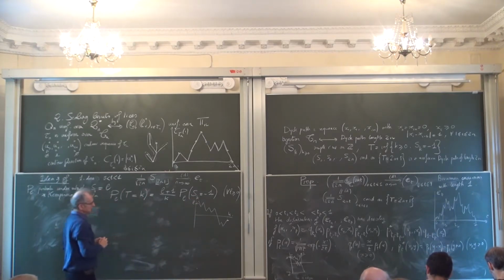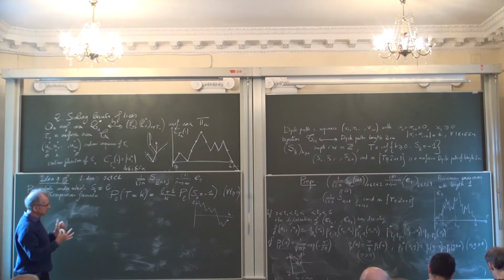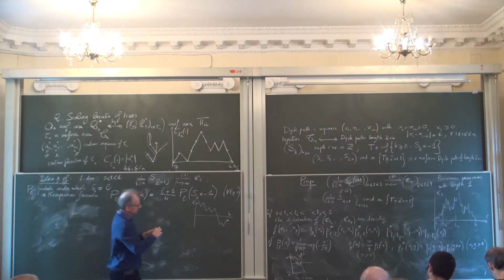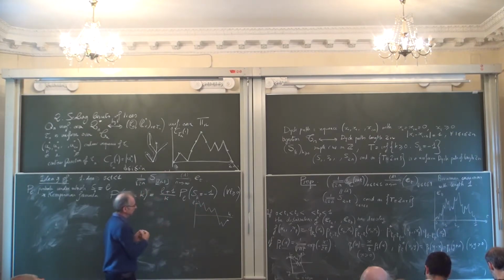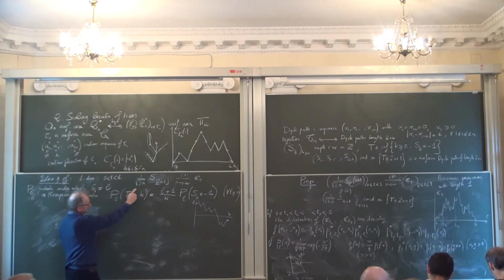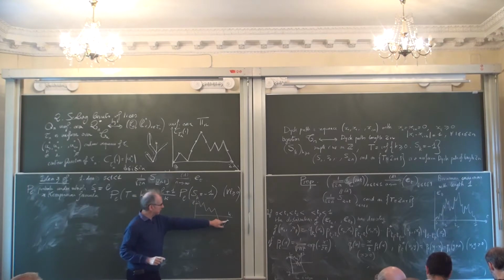So the events are different, but still what you can do, if you permute cyclically the increments of your random walk, you count how many times this event will be satisfied, knowing that at time k you are at level -1.